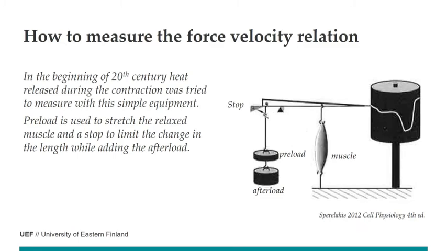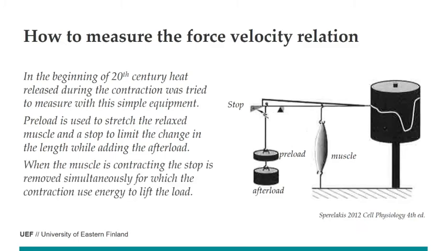And then by testing with different kinds of loads, they were able to measure how much load this muscle can move, and how fast it can move, and, for example, the original idea was how much heat it's producing. So when the muscle is contracting, now the stop is removed to see how this contraction can use the energy to lift the load.